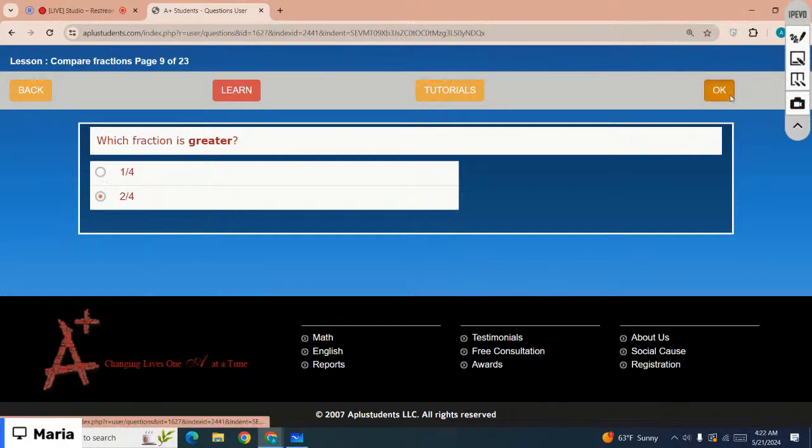Yes, 2 by 4 is greater than 1 over 4. Which fraction is greater? Yes, that is 2 by 6 is greater.